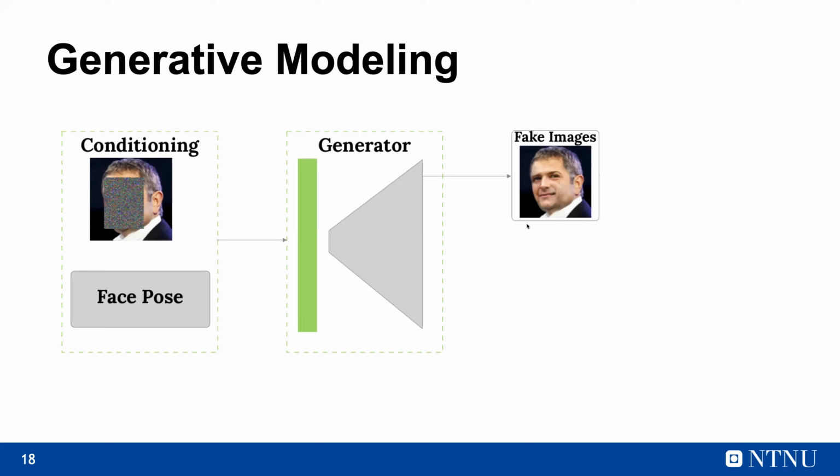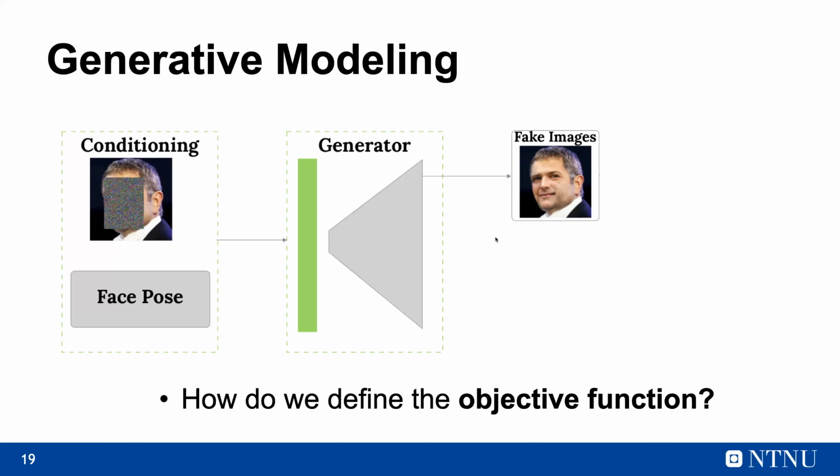Now, the question remains, how do we actually train this generator? If I initialize this convolutional net to random values, it's going to just output garbage. But we have to train it somehow, and what is required then is an objective function. I'm going to go over generative modeling very, very quickly.